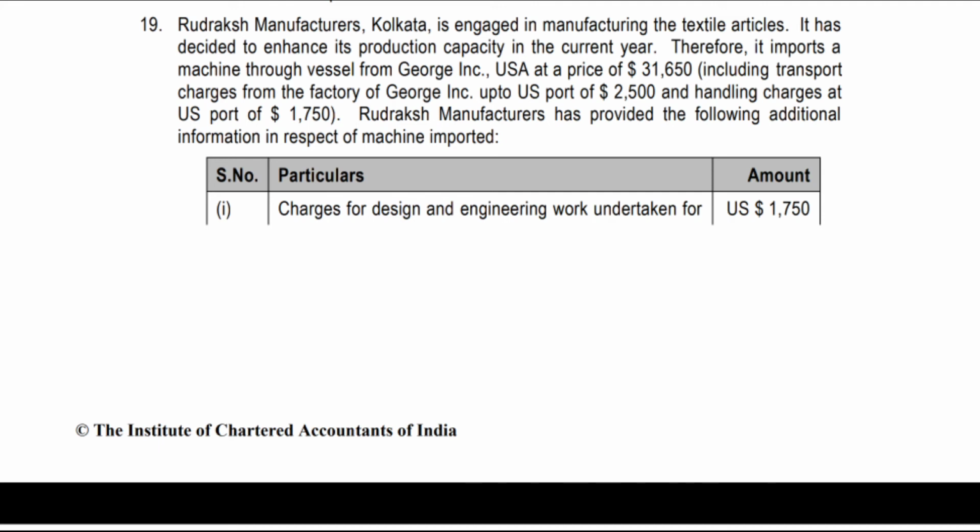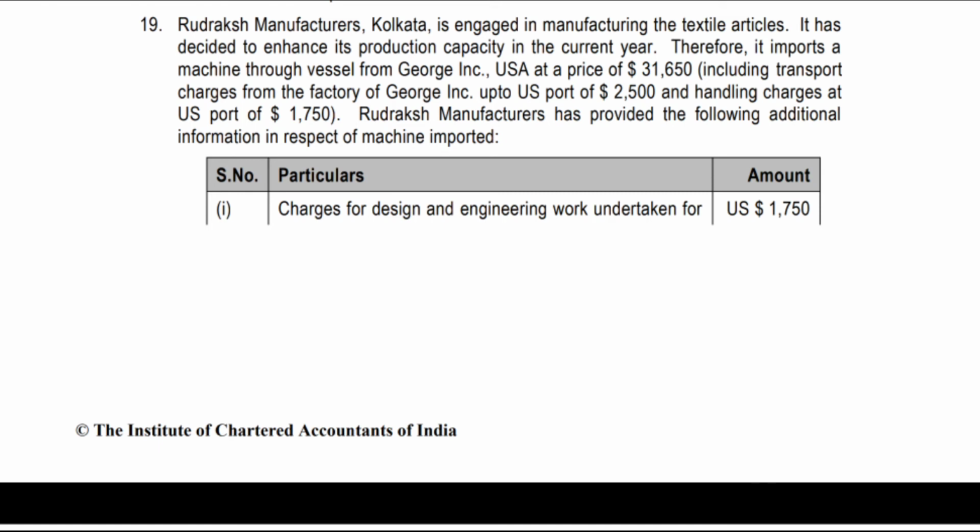Unloading and handling charges paid at the place of importation. In the above amount, handling charges and unloading amount are already added into that 31,650. So this 2,250 rupees is not going to be added, and the rate is 60 rupees, and actual insurance charges paid are not ascertainable. So that amount is 1.125% of the FOB value.